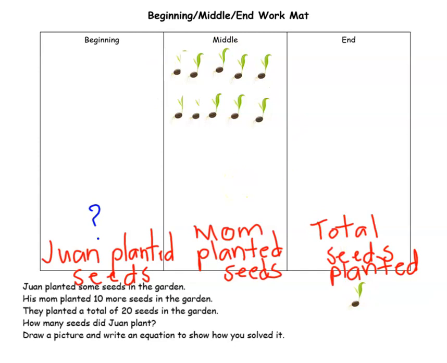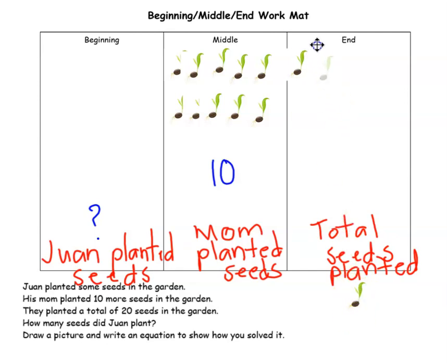So Mom planted 10 seeds. Now, how many seeds did they have in the garden? They planted a total of 20 seeds. Can you help me count 20 seeds?